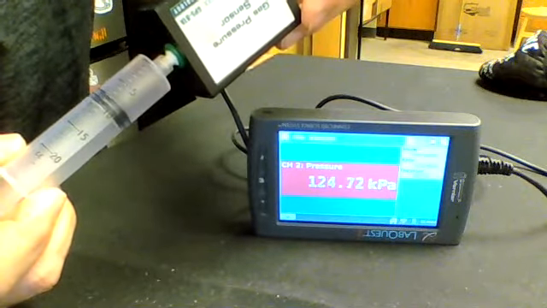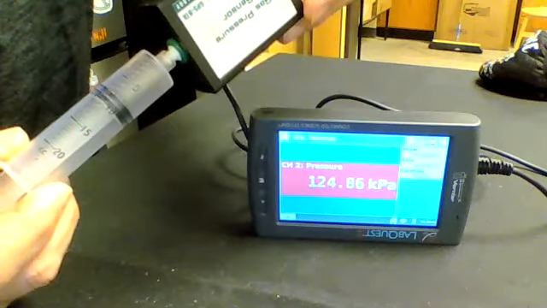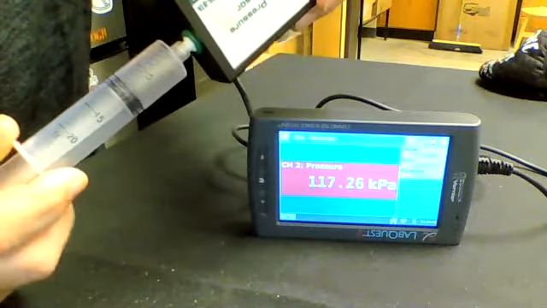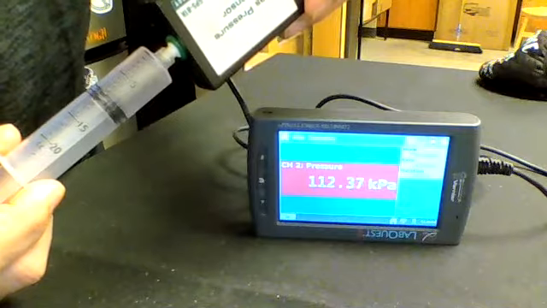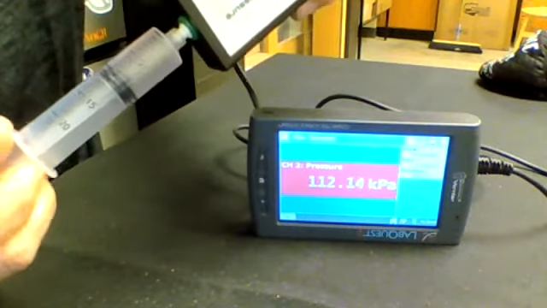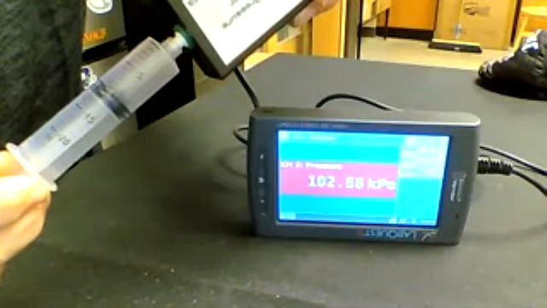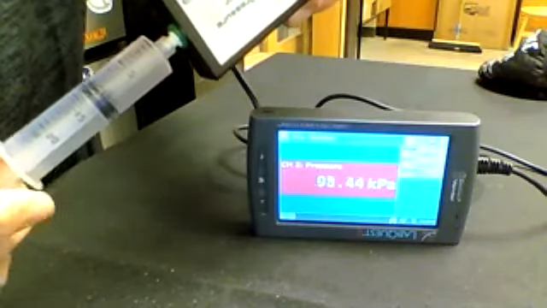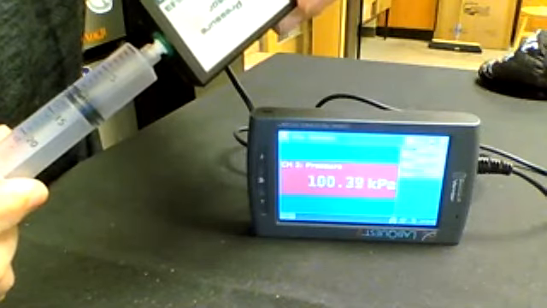Increasing it to 8, 125, and I'm rounding on the LabQuest on the sensor. At 9, 122. Again, we'll go back to 10 and get one final measurement at 10. And we're at 100.